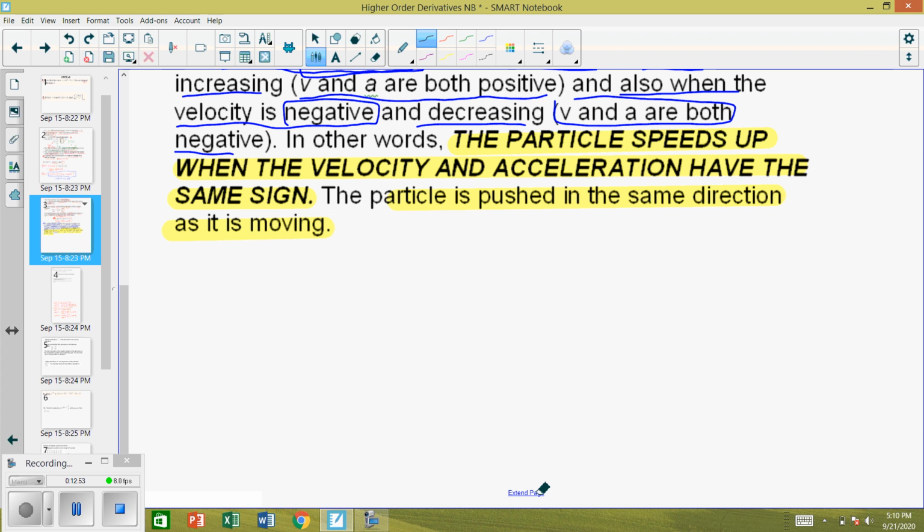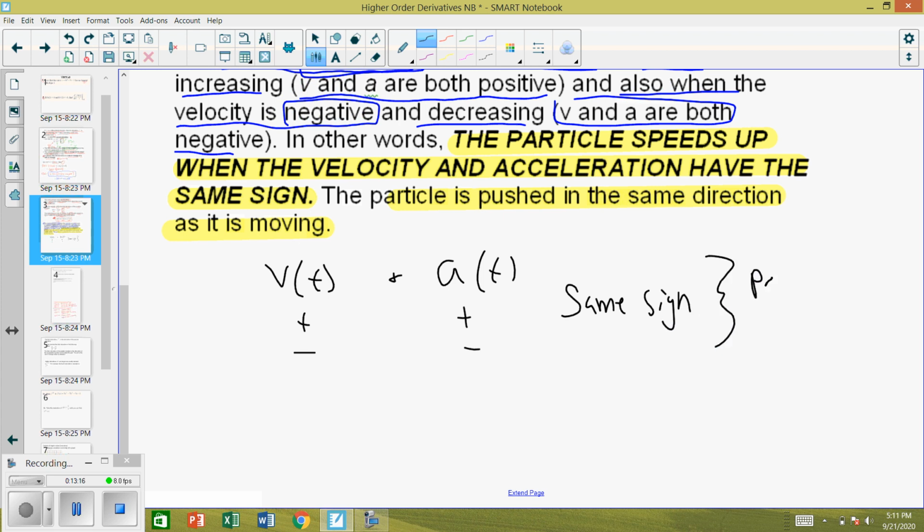Okay, so to make it clear, if V of t and A of t are either both positive or both negative, so if they have the same sign, then the particle or object, whatever we're looking at, the person, speeds up.